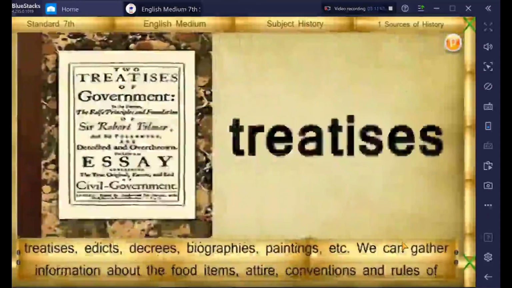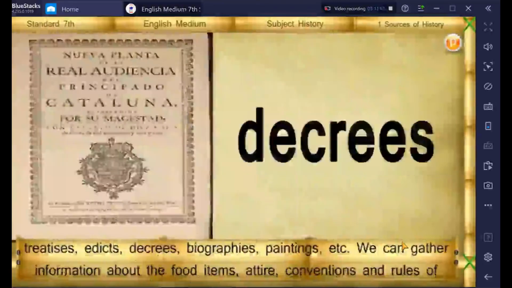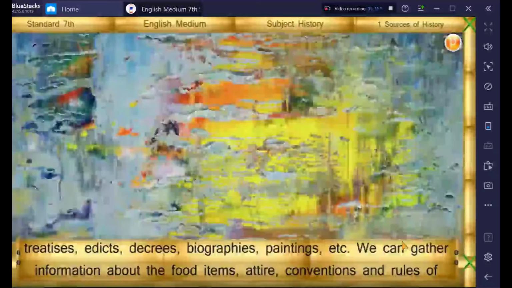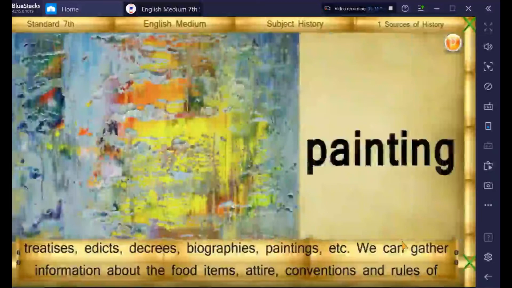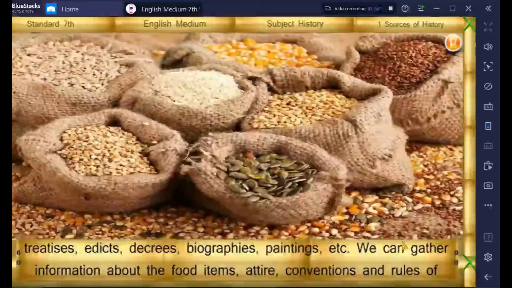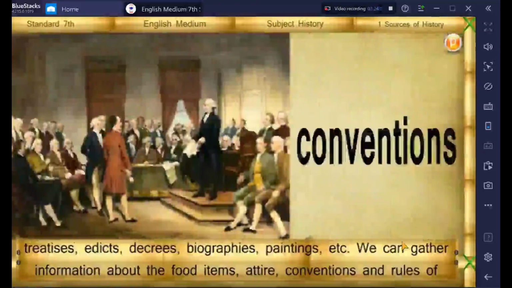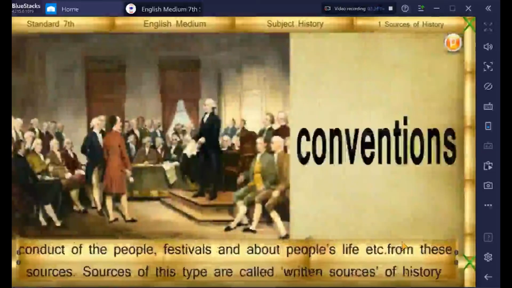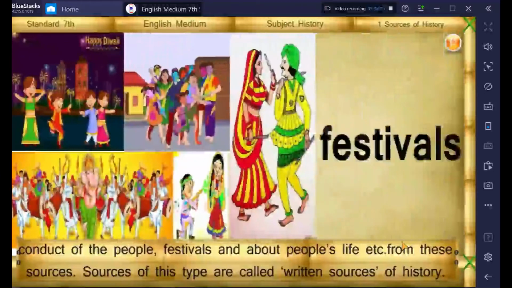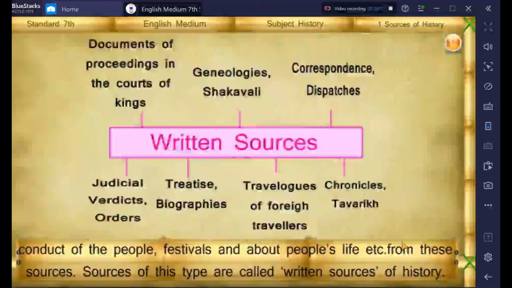Bhurjapatras, religious manuscripts, treaties, edicts, decrees, biographies, paintings, etc. We can gather information about the food items, attire, conventions, and rules of conduct of the people, festivals, and about people's life, etc. from these sources. Sources of this type are called written sources of history.